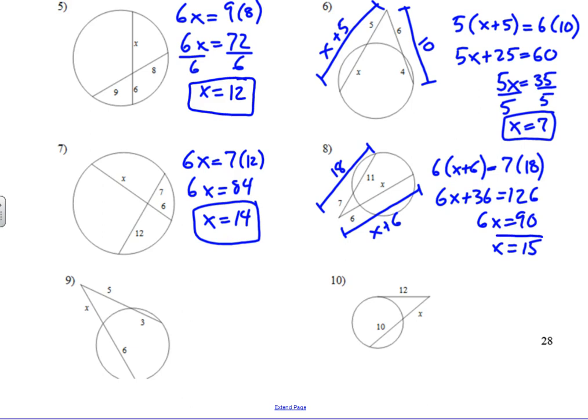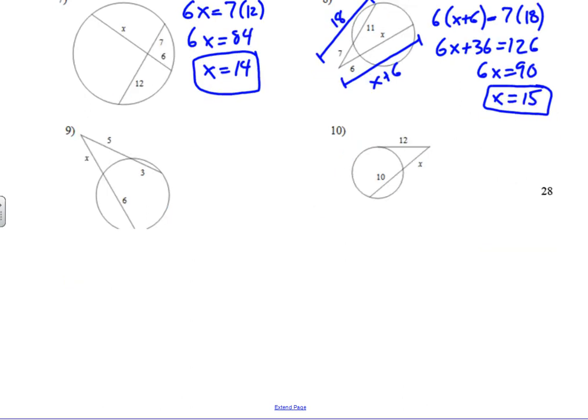Now, I just want to point out, one of the things that can happen, we're going to see it in number 9. So let's just go ahead and do that one. Okay, what's the outside length here? The whole length is x plus 6. So watch what happens here, number 9. This is important. So x times x plus 6, that's the outside times the whole.